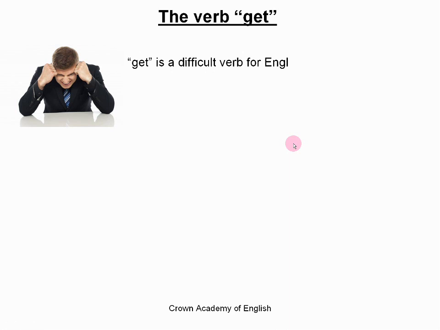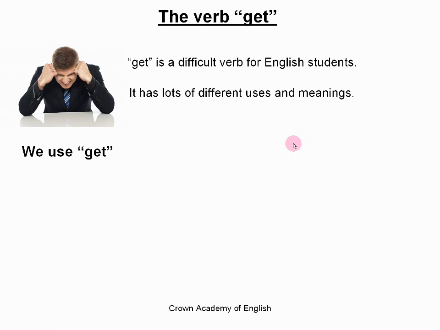Well, get is often a difficult verb for English students. And the reason is it has lots of different uses and meanings. For example, we can use get as a main verb, and as a main verb it can have many different meanings.